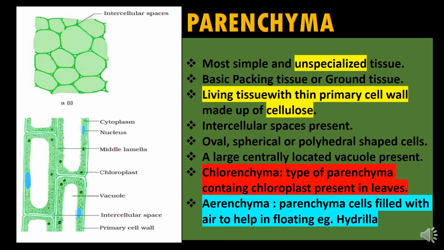Hence, these cells have a centrally located large prominent vacuole. This tissue can further be classified into two types. When it is present in leaves and young stems, it contains chloroplasts and performs the function of photosynthesis. That type of parenchyma tissue is called chlorenchyma.